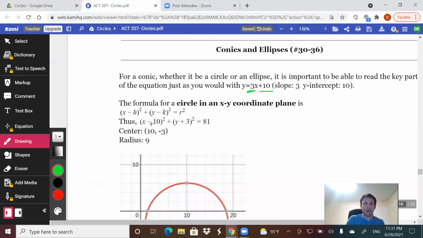So just by looking at this right here, we know the center is at 10. So whatever is next to the x in brackets, it's minus h. So in this case, our h would be 10. So it's a positive 10. It's plus 3. So our k must have been minus 3 to make it plus 3. So that tells us our center is at 10, negative 3. And if you take the square root of our radius, that's 9.